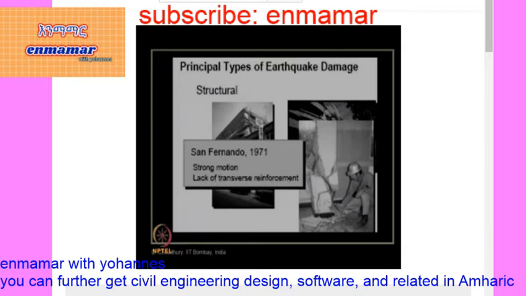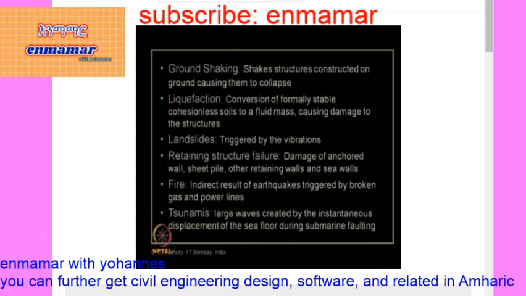Unless we put the transverse reinforcement properly in the design, it can also create major structural damage in terms of earthquake related issues, which occurred in the San Fernando 1971 earthquake. So let us see what are the various points which we need to discuss during this course of geotechnical earthquake engineering.